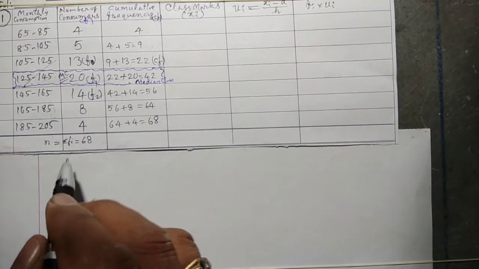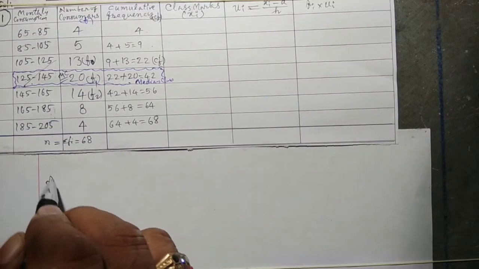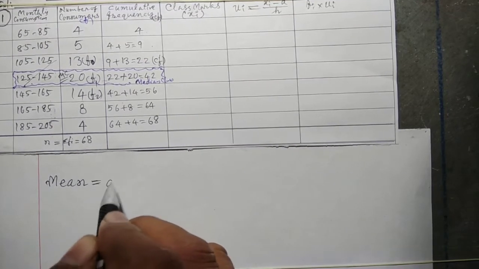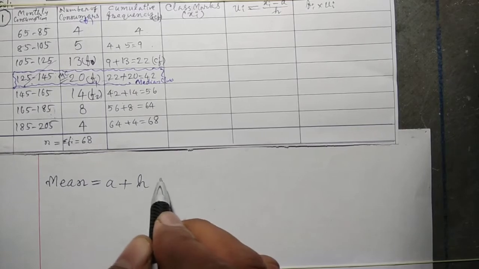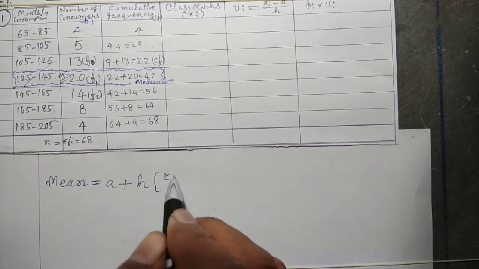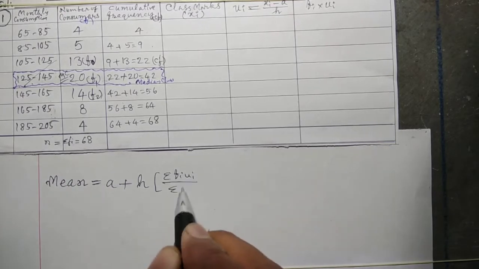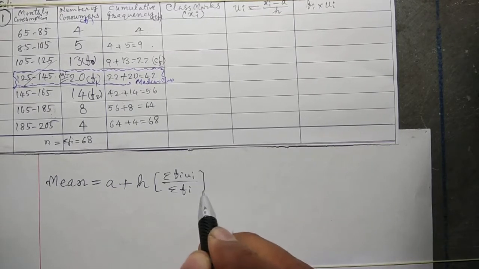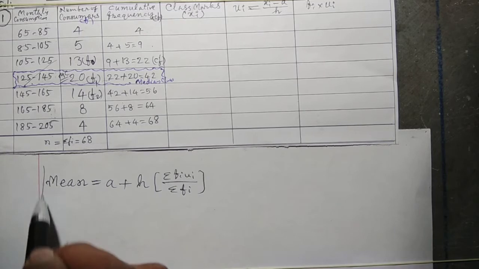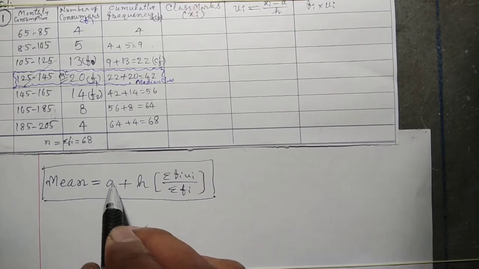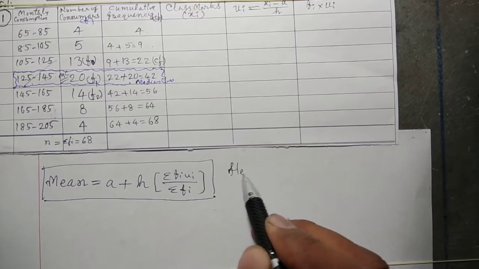Now we have to find the mean. Mean is equal to A plus h into sigma Fi Ui by sigma Fi. So this is the formula. What is A here?